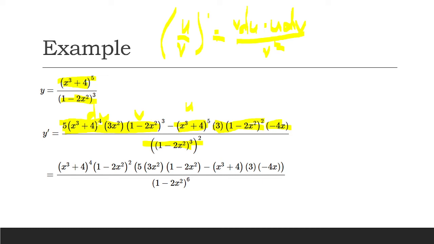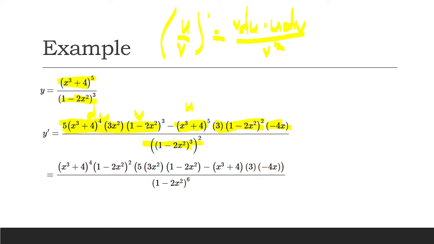So, we have 5 times 3x squared. For this one, class, we have (1 minus 2x squared) raised to 3. We separated one factor of 1 minus 2x squared so that we can simplify our answer later. That's why it became longer like this.